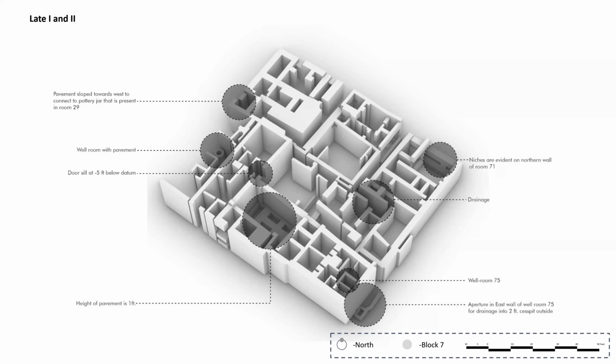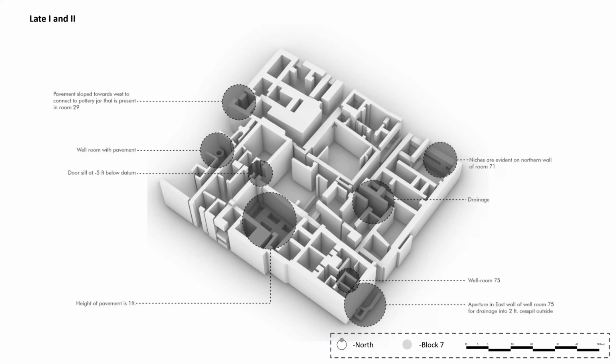This model was supported and developed in parts by looking into different sections that we saw earlier, such as section DD, OP, and KL, which helped in unifying the model into one. For example, the blue lines that we saw earlier represented section DD. This particular model belongs to the period late 1 and 2.